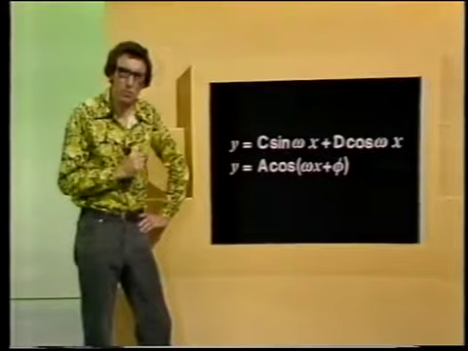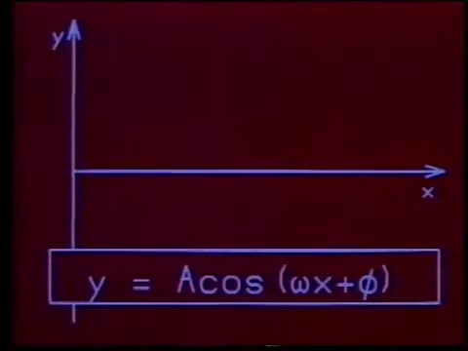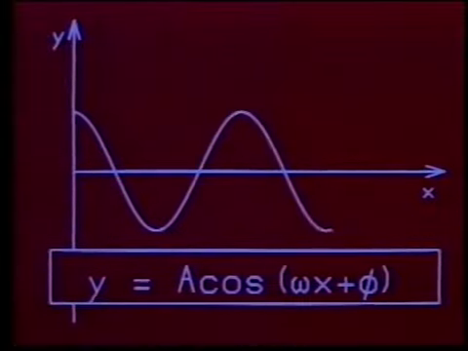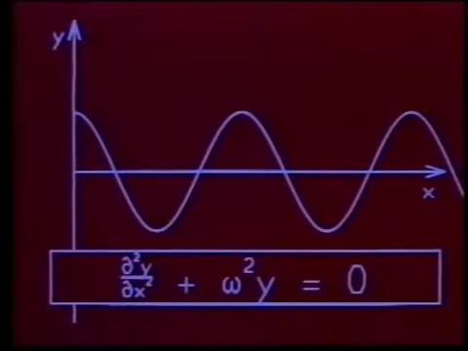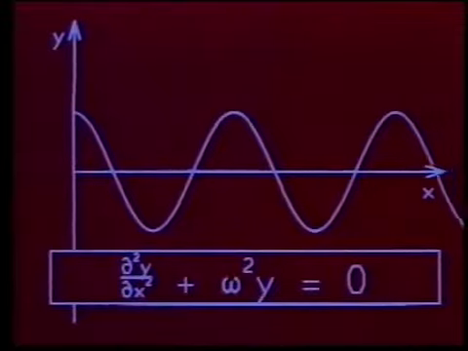What does the graph of this solution look like? It's a sinusoidal oscillation. Remember, we're talking about the solution of this differential equation. Let's look first at the parameter omega. That's called the frequency of the oscillation.